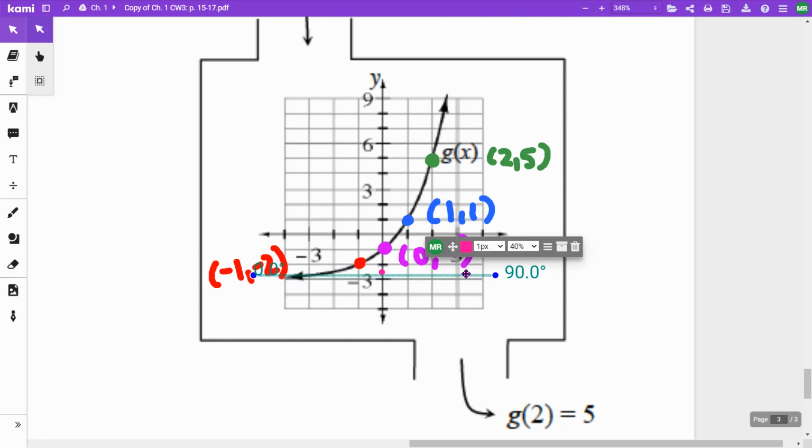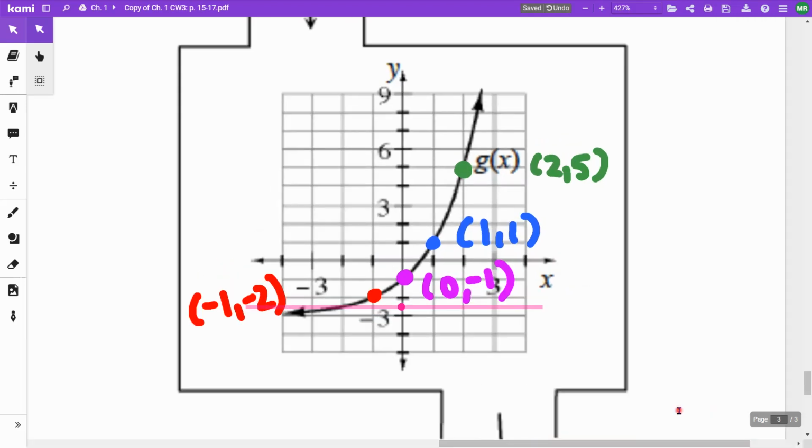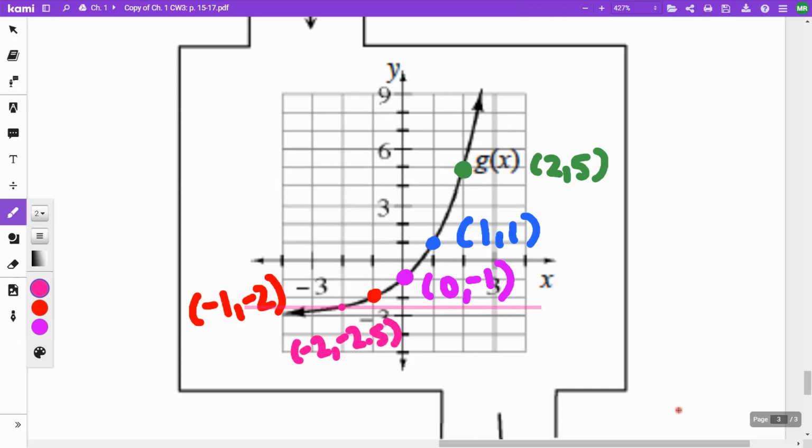Okay, I'm trying to see what x has a height of -2.5. So it looks like it's going to be about here, and I'm going to give kind of an approximation. Let me move that dot. I would say it looks like it's here, and that is going to be -2, comma, -2.5.